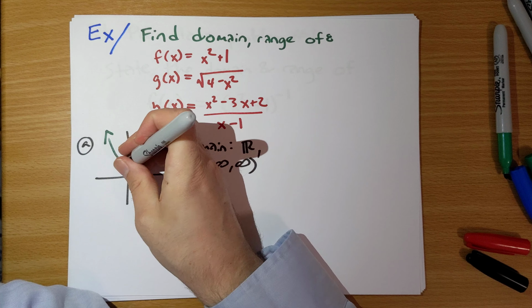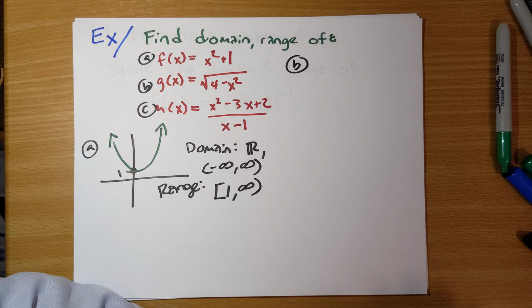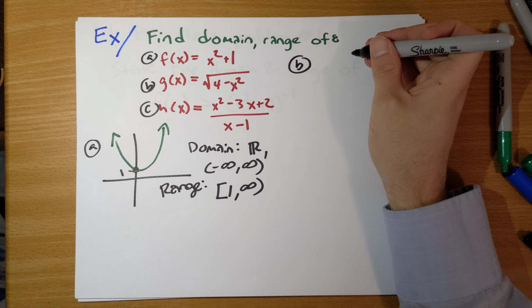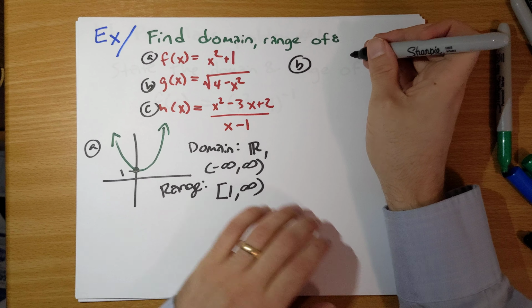Okay, let's do part B here. G of x is the square root of 4 minus x squared. So let's draw a picture again. If you were to graph this, it looks like this.